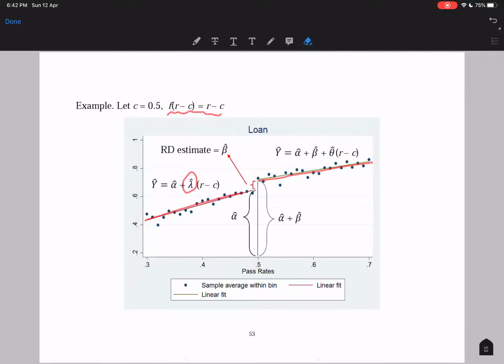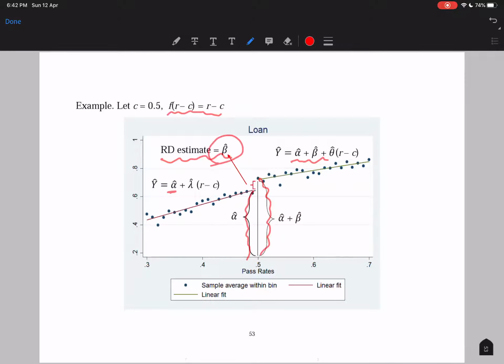Okay, and note that, so what is alpha? Clearly alpha is the slope below the cutoff, and alpha plus beta is the slope above the cutoff, right? And therefore, beta hat is the difference between the slope estimated from above the cutoff and the slope estimated from below the cutoff.